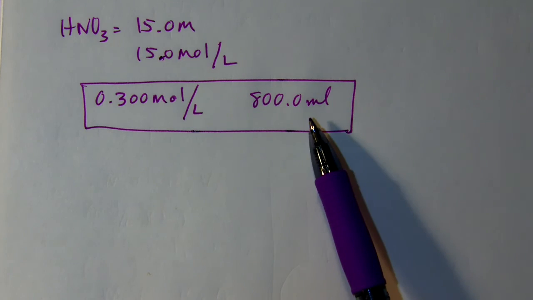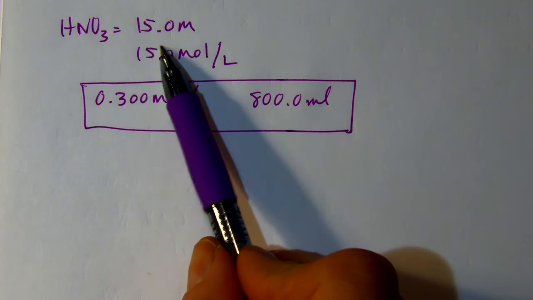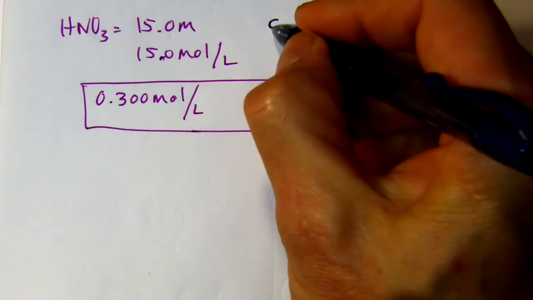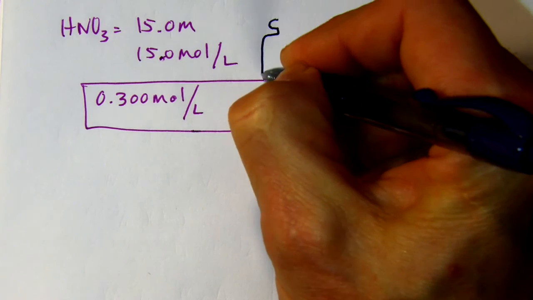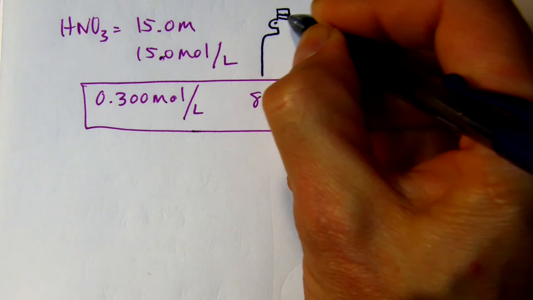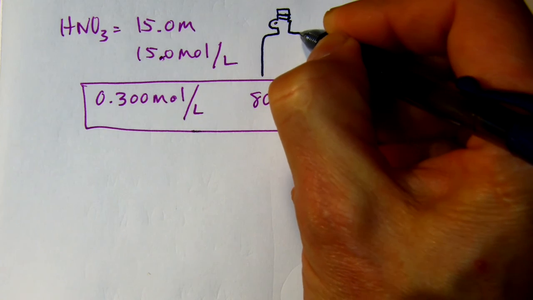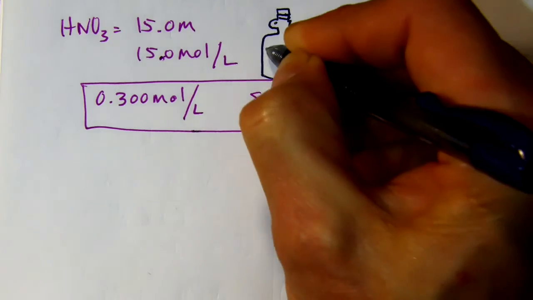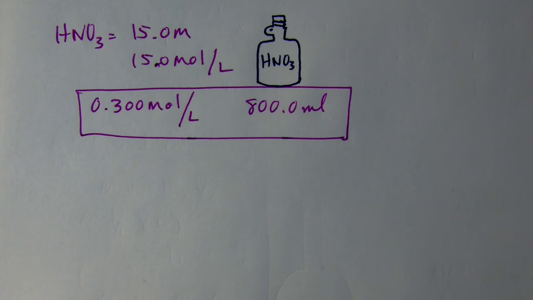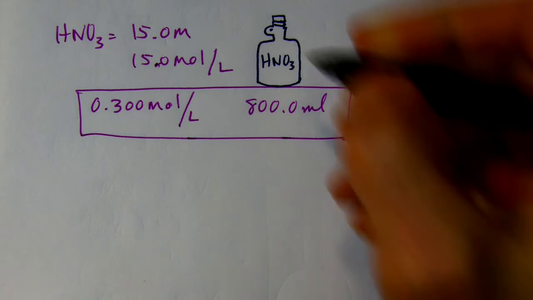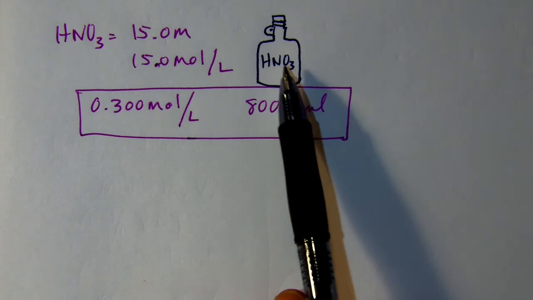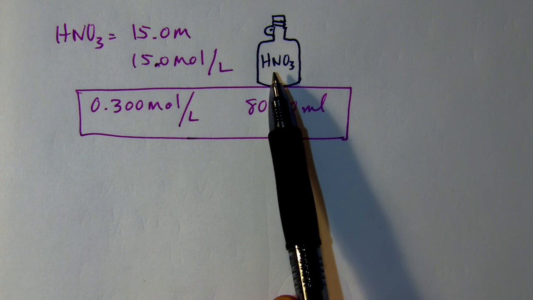You need 800 mLs of this stuff, and they give you this dangerous looking, scary bottle, with a skull and crossbones on the side. So here's this really bad HNO3. Now, they won't make you do it, but they might, not with the big bottle, but here's the idea. I get this stuff for like $40 a bottle or something like that.